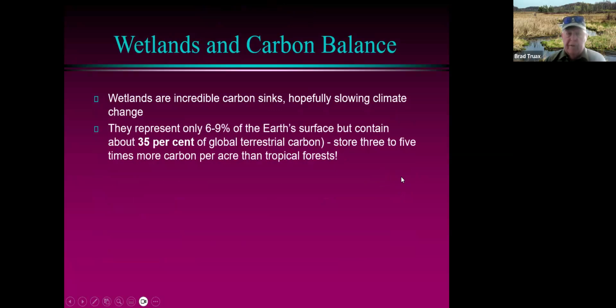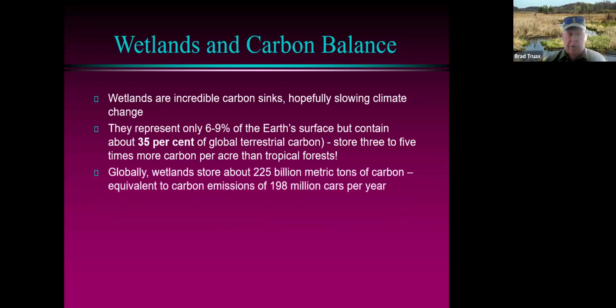And they store 3 to 5 times more carbon per acre than a tropical forest does. Really incredible statistic. So globally, wetlands store about 225 billion metric tons of carbon, and that's equivalent to the carbon emissions of 198 million cars per year.